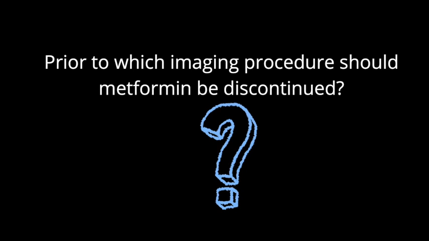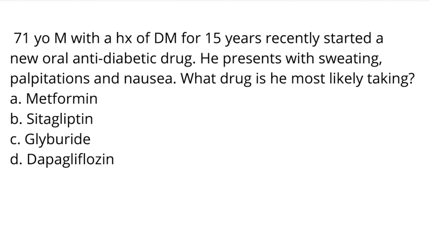Let's move on. Question number 5. A 71-year-old male with a history of diabetes mellitus for 15 years recently started a new oral anti-diabetic drug. He presents with sweating, palpitations, and nausea. What drug is he most likely taking? A. Metformin, B. Sitagliptin, C. Glyburide, or D. Dapagliflozin?